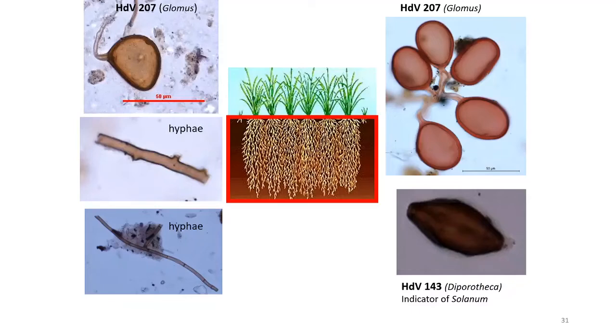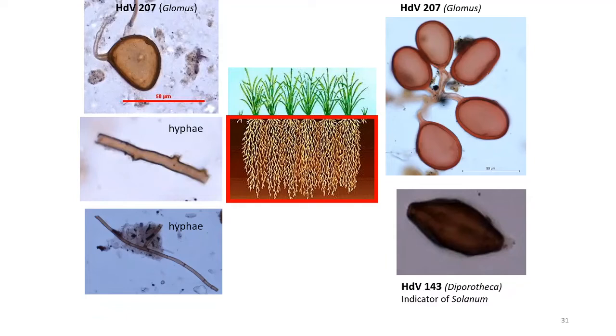Well, Solanum is a larger genus with different species inside, but one of those is also potato. So if I would find, let's say, Diporotheca, then I could say maybe this specific plant could be growing there at some point.